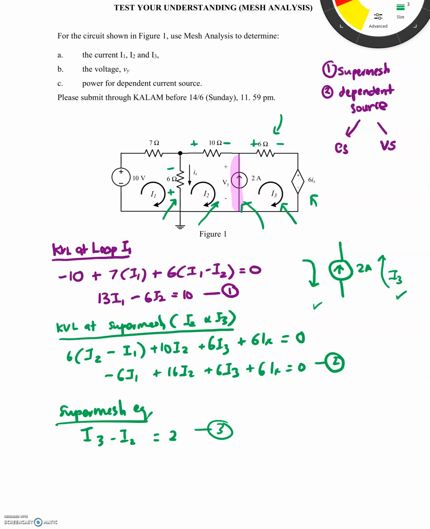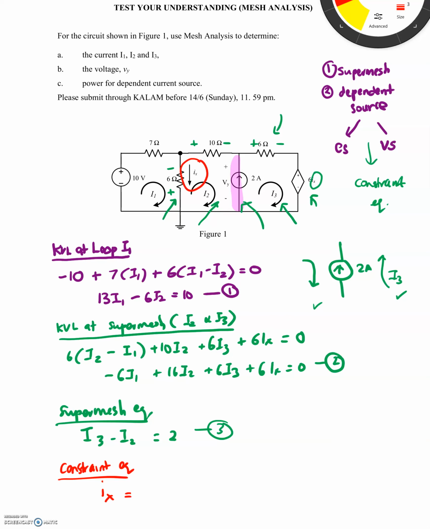Because the circuit consists of a dependent source, it will have a constraint equation. What is the constraint equation? The constraint equation is what is Ix. So Ix is equal to, as you can see, here is Ix.